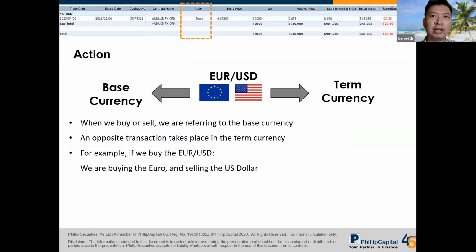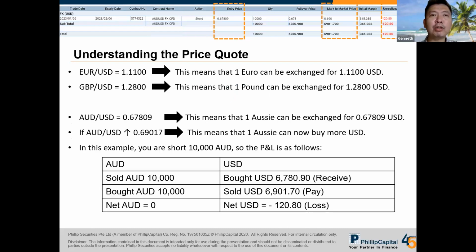So for action, when we buy or sell the FX CFD contract, we are actually buying or selling the base currency. The action refers to the trade action on the base currency. So an opposite transaction naturally takes place in the term currency as you are paying or receiving in terms of it. Now, coming to the price code itself, the price code is therefore very easy to understand.